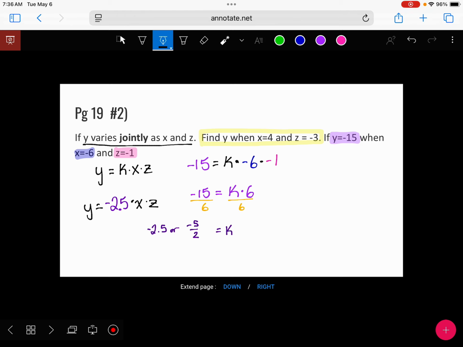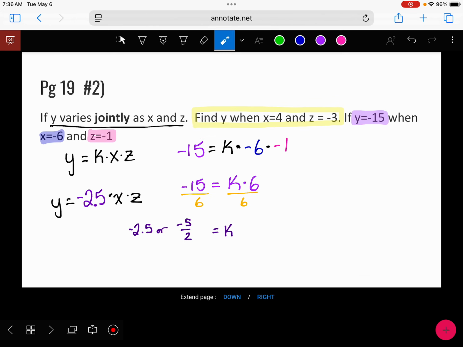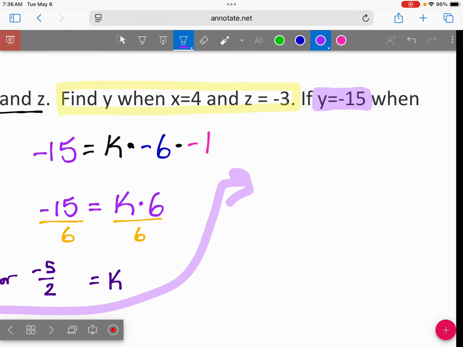So then we have to do the one where they've asked us a question up here. We're supposed to find y if x is 4 and z is negative 3. So we're going to take the equation we found and bring it up over here, and we're going to substitute that in.